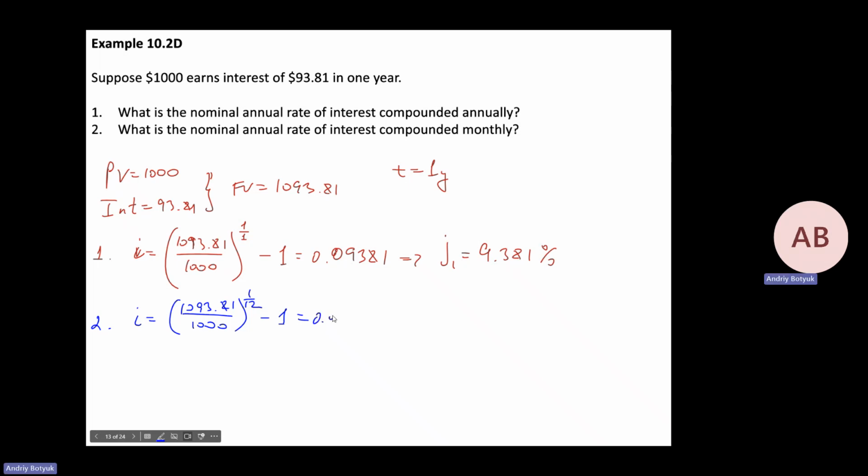I have 0.0075002..., so times 12, right? I would say we can drop that. And I have from here J12, 9%.